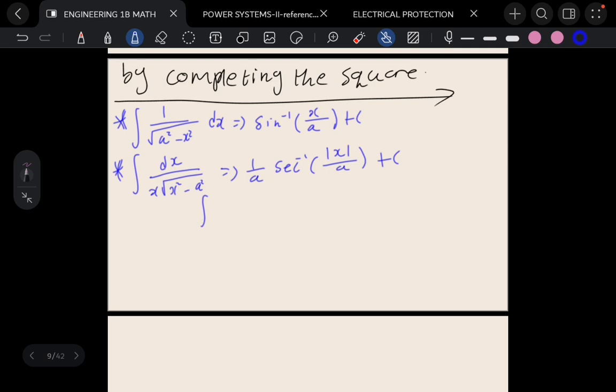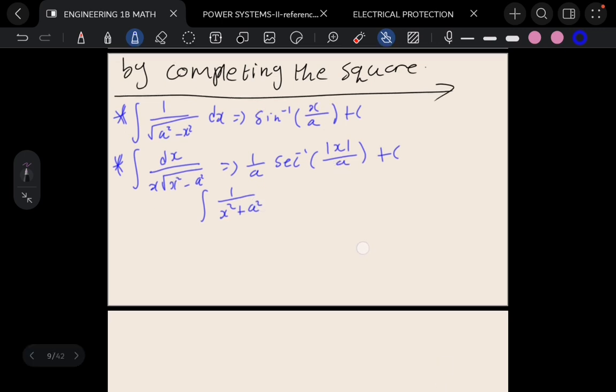And when you integrate 1 over x squared plus a squared dx, we're going to get 1 over a arctangent of x over a plus c.